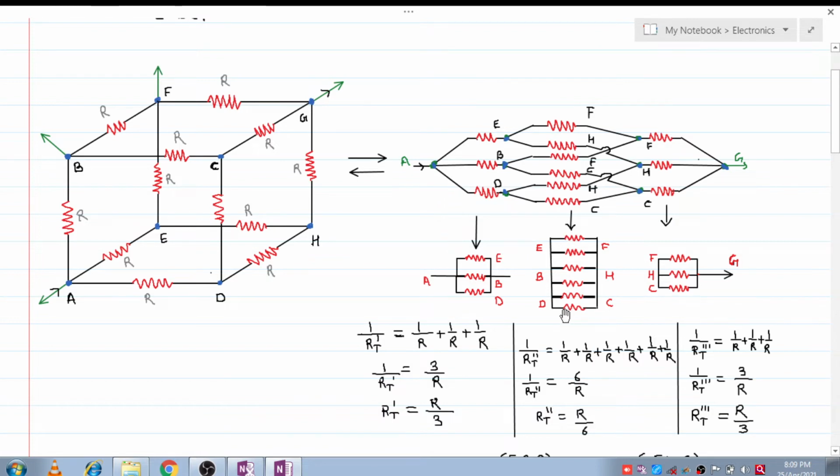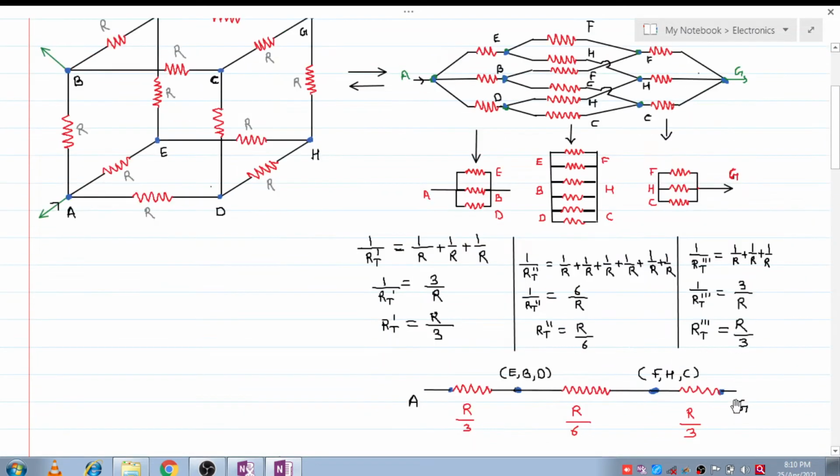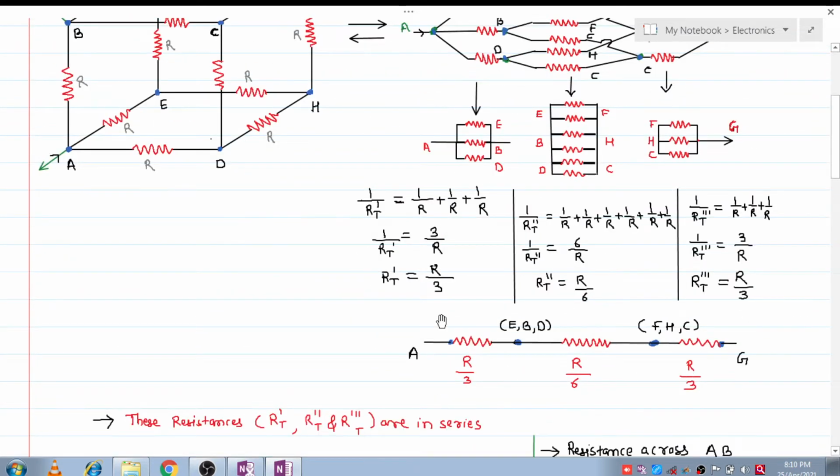Similarly, these three resistances are in parallel, so 1 upon RT triple dash is equal to 1 upon R plus 1 upon R plus 1 upon R, which is 3 by R, and RT triple dash is equal to R by 3. So these three resistances give R by 3.